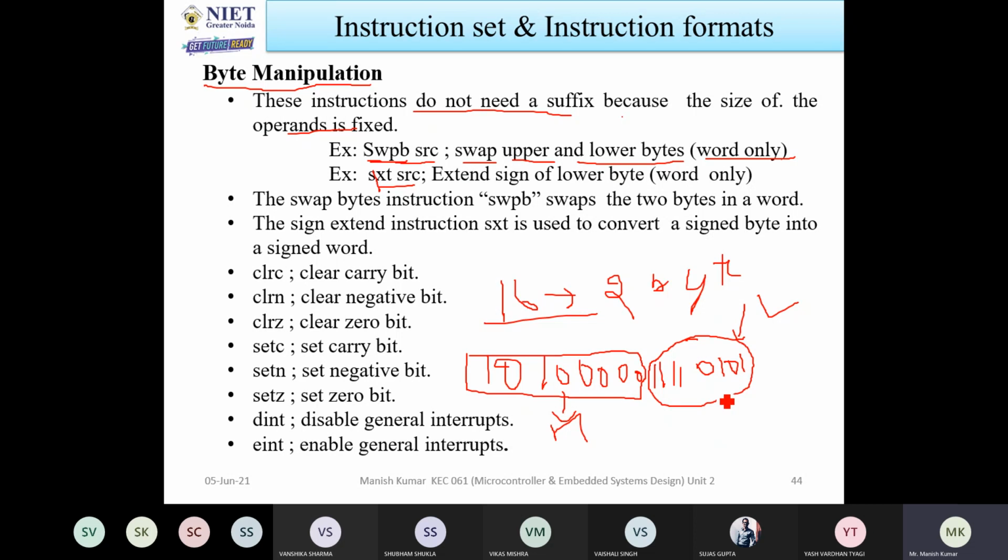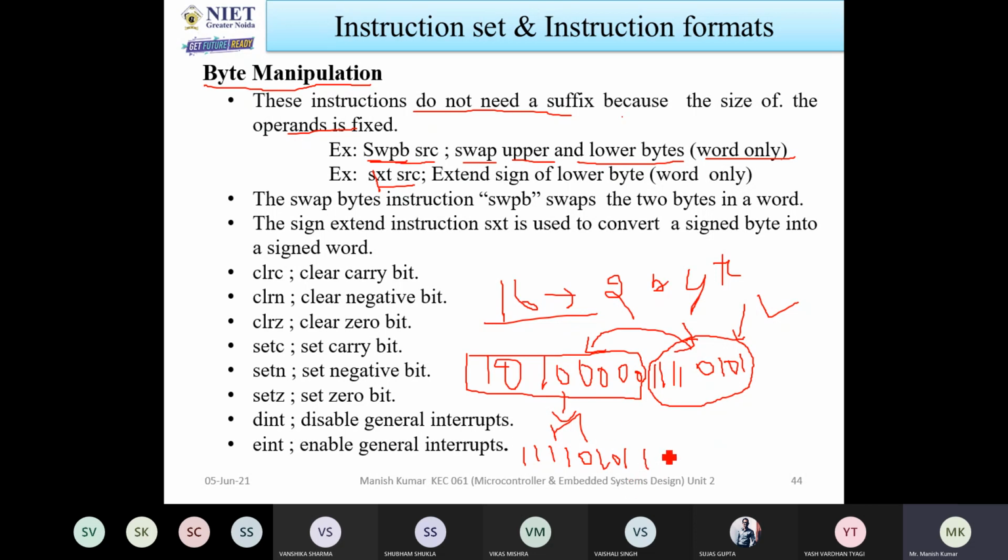So how can you exchange it? Exchange means you can transfer between the lower byte and higher byte. Whatever the lower byte is, it becomes the higher byte. So it becomes 111 0101. This is the lower byte, and this lower byte becomes the higher byte, and the higher byte becomes the lower byte.